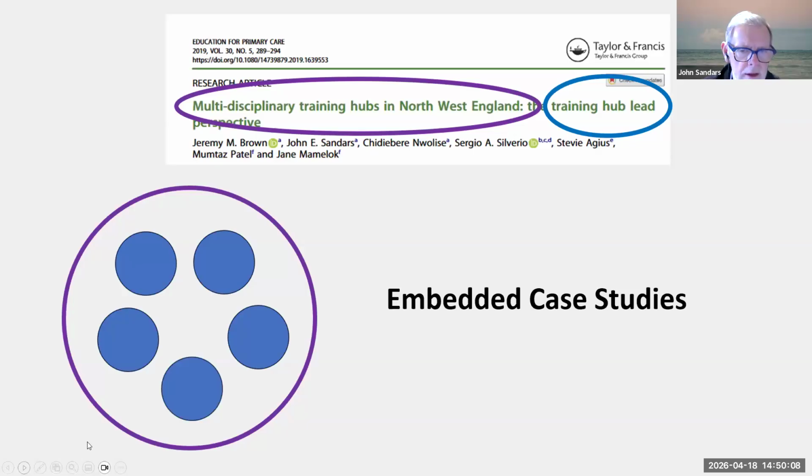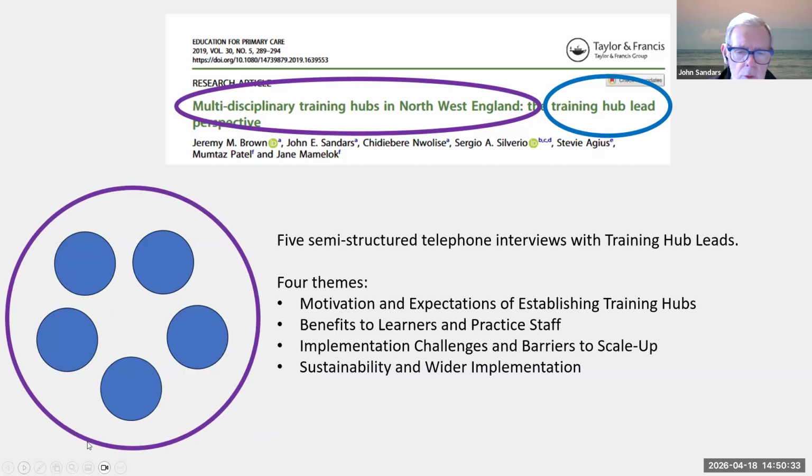So the case study was Northwest England, and we looked at training hub leads because there were several of these sort of subgroups within Northwest England, and they were particular case studies as well. So we had what is called embedded case studies. And we did these interviews with the training hub leads, and we identified some, through cross-case synthesis, 4 major themes.